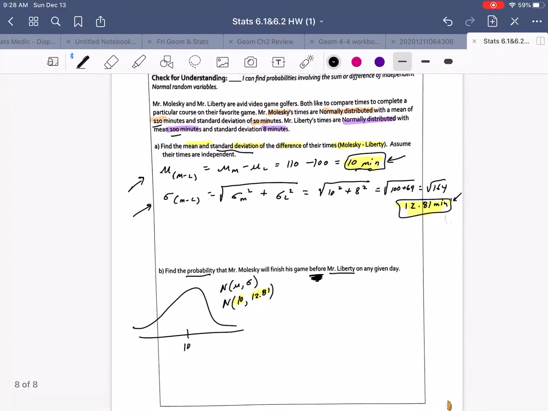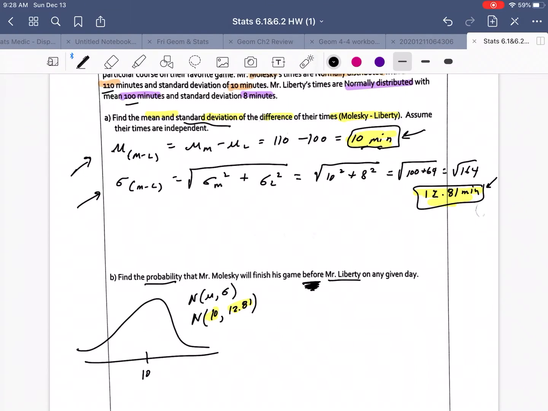If, and I'm just going to plug in some random times here, they're typically about 10 apart. So let's think through this. If Mosley's usually 110 and Liberty's usually 100, that would mean that if you get a difference of 10, Liberty is faster by 10 minutes.